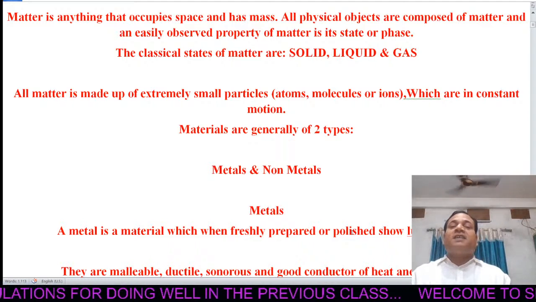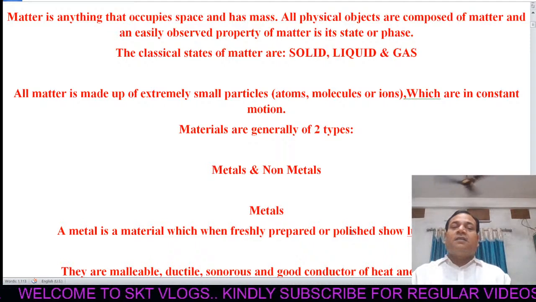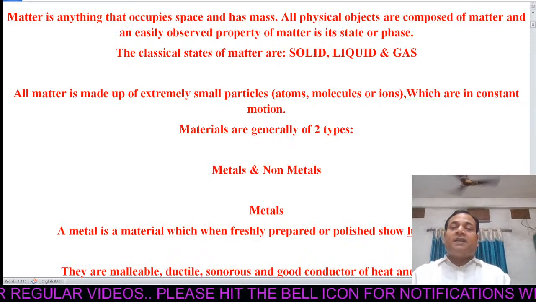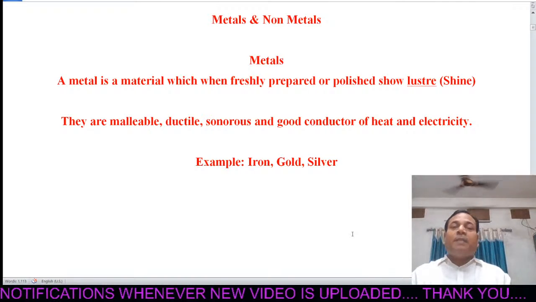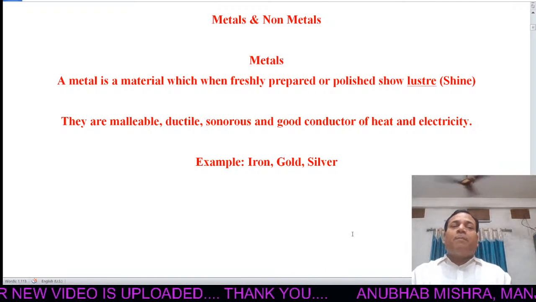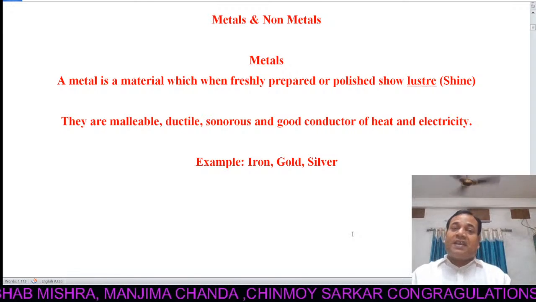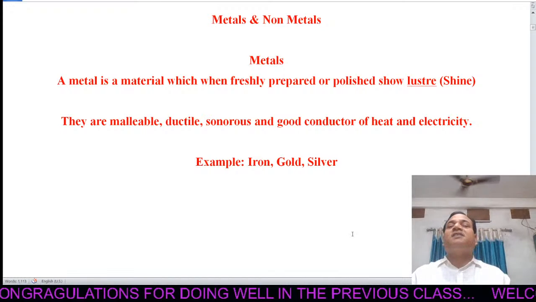Materials are generally of 2 types. What are they? Metals and non-metals. Metals. A metal is a material which when freshly prepared or polished shows luster.